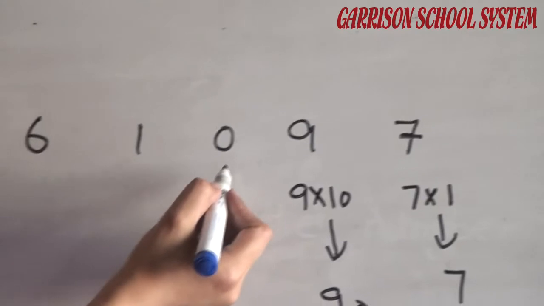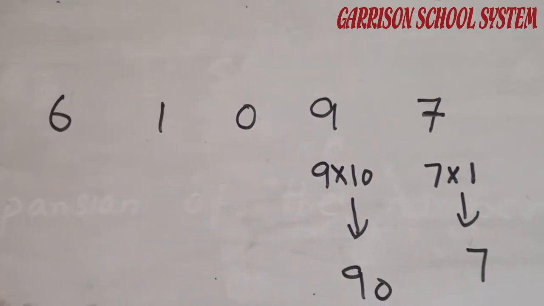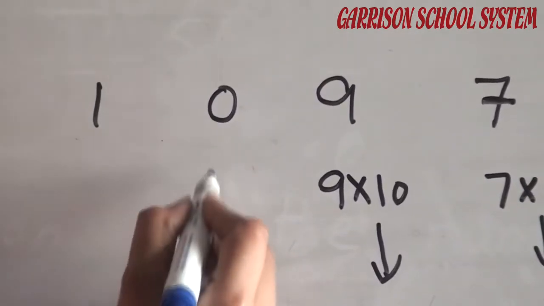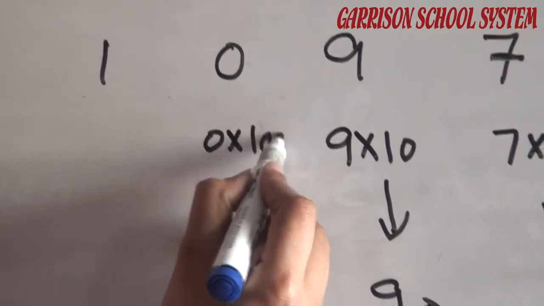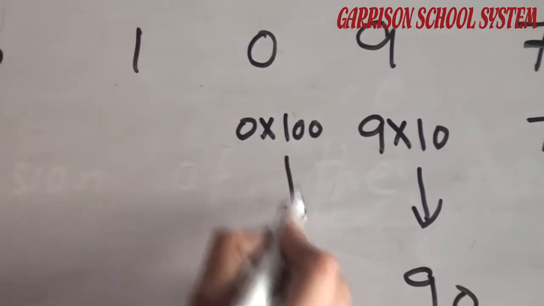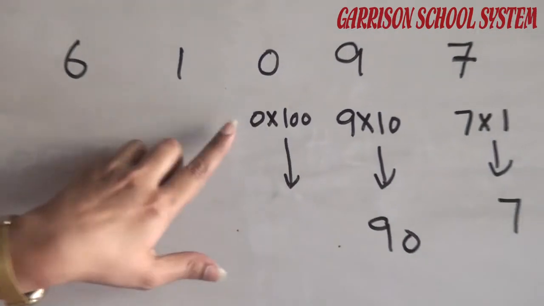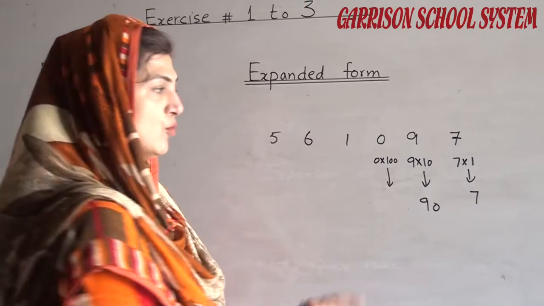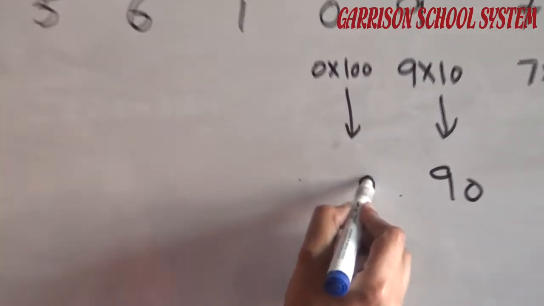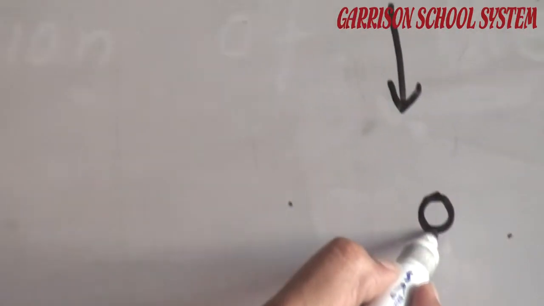Similarly, the digit 0 is in the 100 place. When 0 gets multiplied by any number, it will be 0. So we can write here 0.